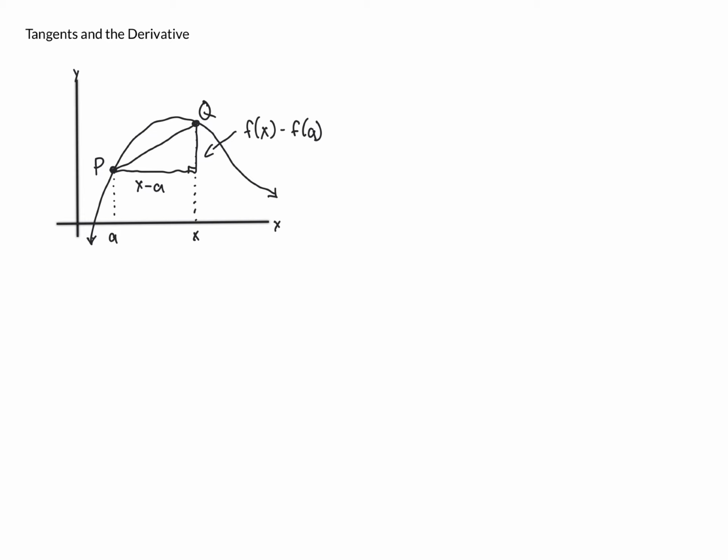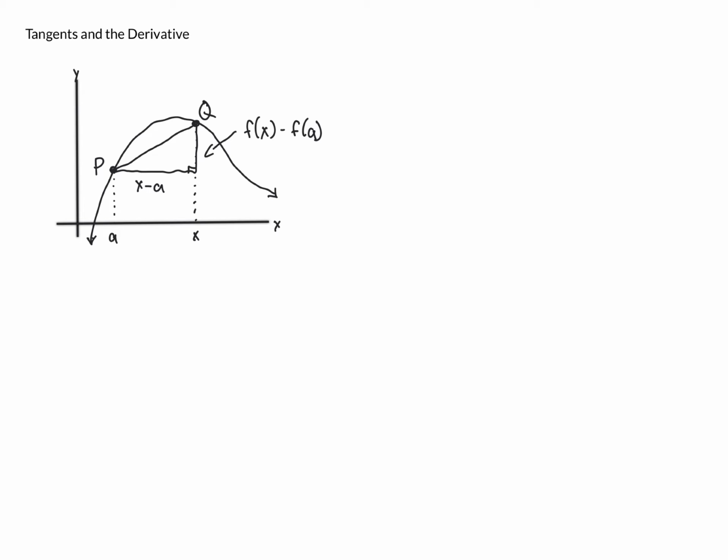So we have this graph of a function, and what we really want to know in the end is the slope of the tangent line at the point P. Now what we saw before was that we can look at the slope of a secant line, which is a line that goes through the graph in two different points, and we can use that to estimate the slope of the tangent line.